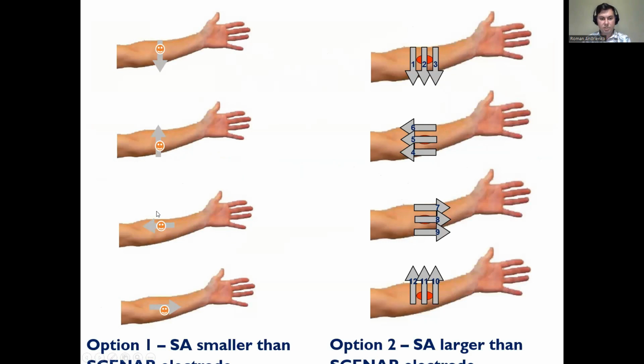This is the first option with the point pain with only 1 movement. This is the second option when the area is larger than the Scenar electrode. So nothing fancy here, easy to remember. You already have the illustrations to keep before yourself for future use. So I hope this will be easy to understand.